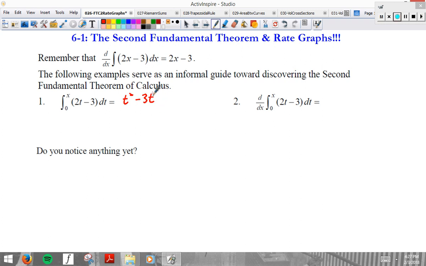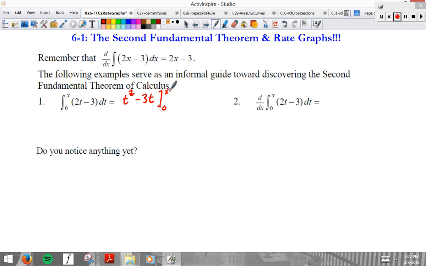And as I mentioned in the last lesson, in 5-6, what you want to remember is that we don't need a constant of integration when we're doing definite integration because they would cancel out. We'd have one for this upper bound at x, and one for this lower bound at 0, and a constant minus a constant would just be 0. So we don't have to worry about that.